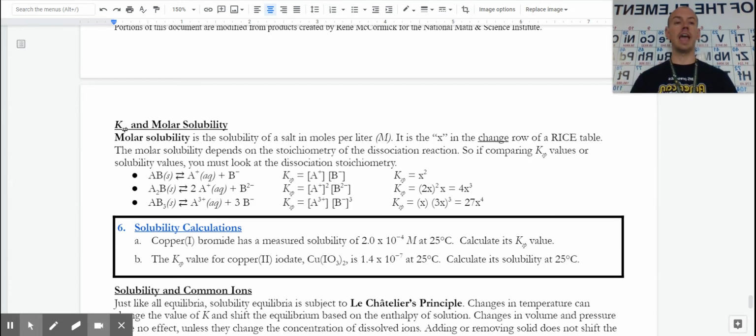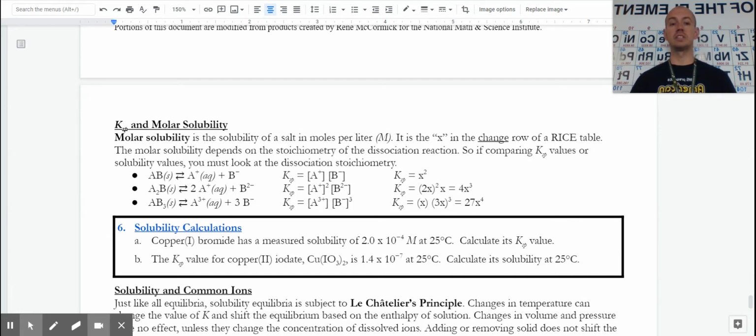Based on the charges of our cations and anions, the subscripts on those, that determines how much, +1, +2, +3, etc. The equilibrium row, if we started with 0, would always be equal to x, or maybe 2x or 3x. So the x in this case is how much have we made, or with solubility, since it's always the same sort of problem, the x is what we call molar solubility.